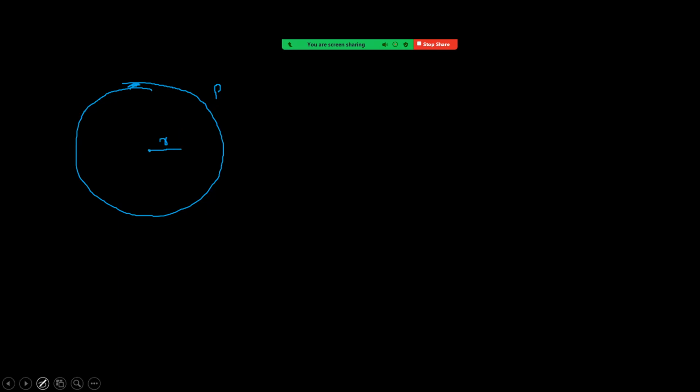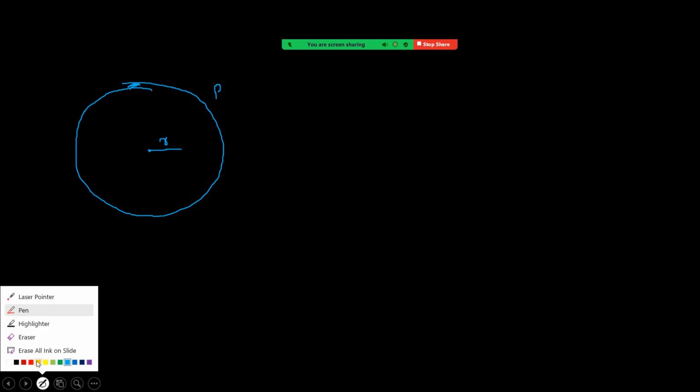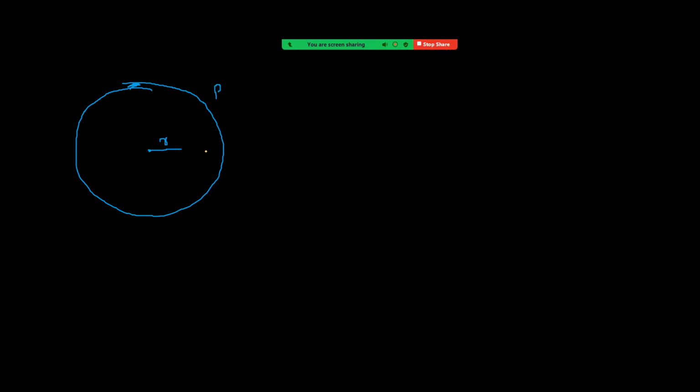First, imagine one Gaussian surface, that is a sphere, by taking this distance as the radius. By symmetry, we can guess that the field will be radially outwards.